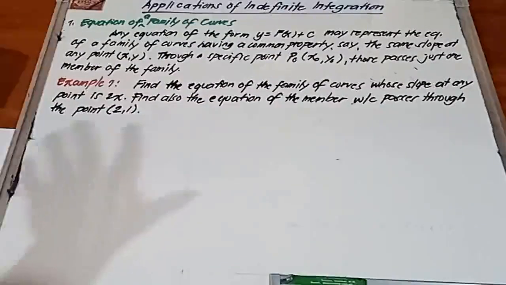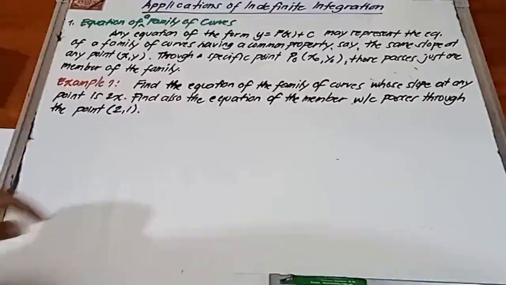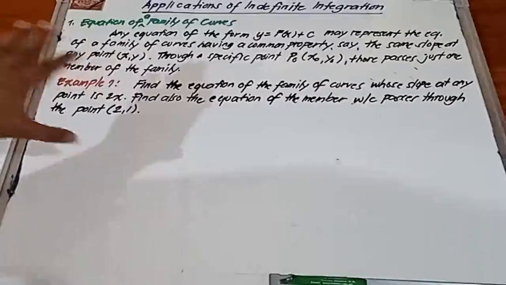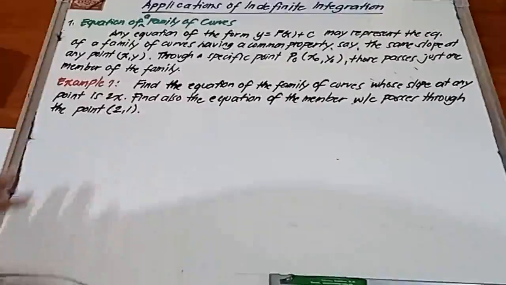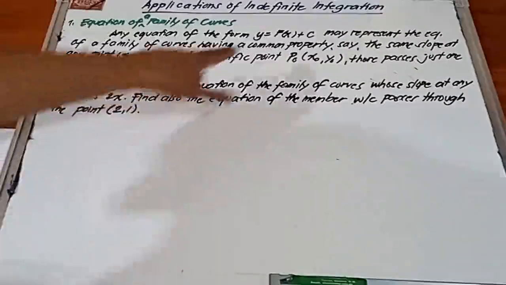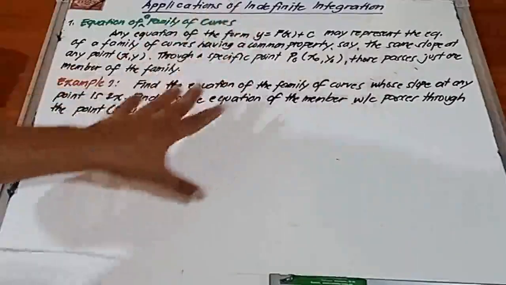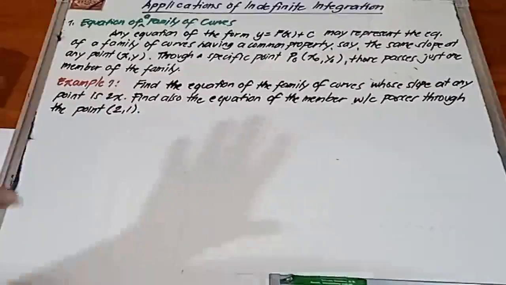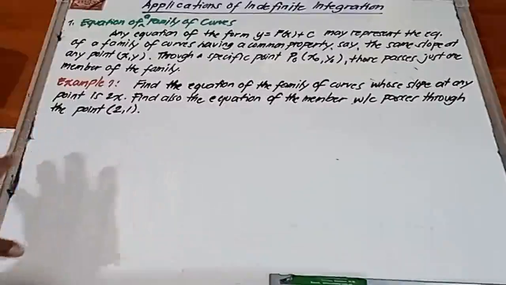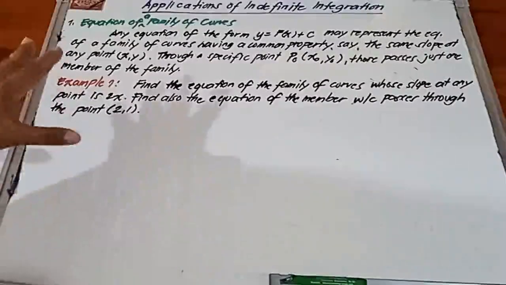Now, if we want to determine the equation of one member of the family, kapag given yung specific point dun sa ating curve, we can solve for the constant c. Pag na-solve si constant c, it will be replaced by a real number. And the resulting function is actually the equation of the one member of the family of curves.